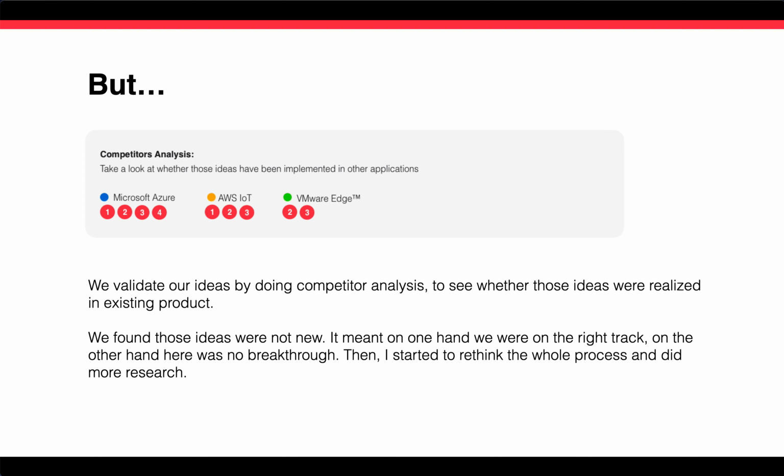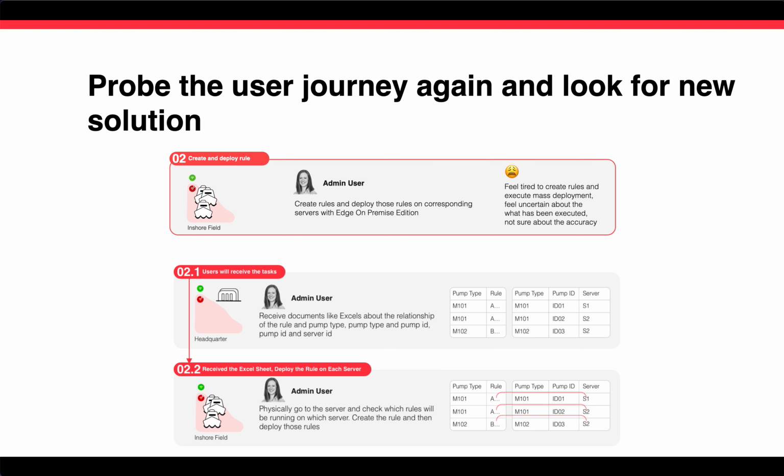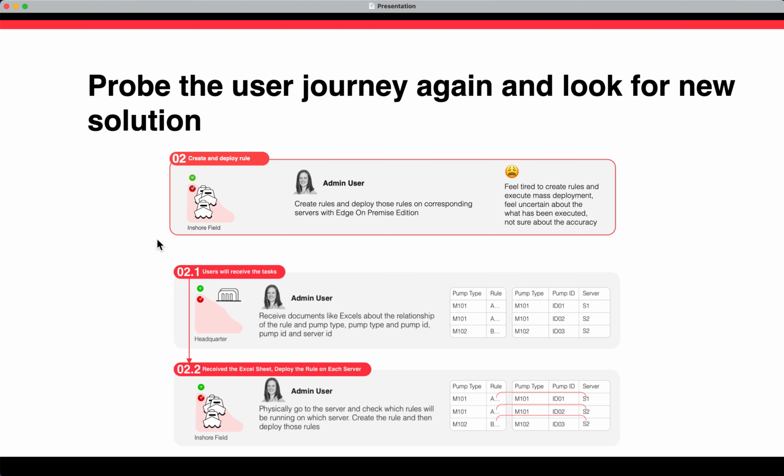So I decided to do more research to see whether I could find other opportunities. I probed the user journey again to look for a new solution. If you remember, user journey step 2 is create and deploy rule, right? So I was wondering how the user creates a rule and deploys those rules on the corresponding servers.